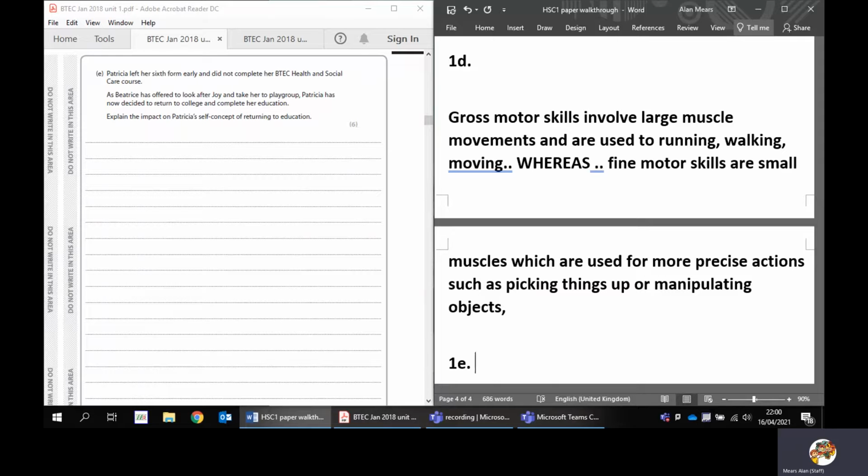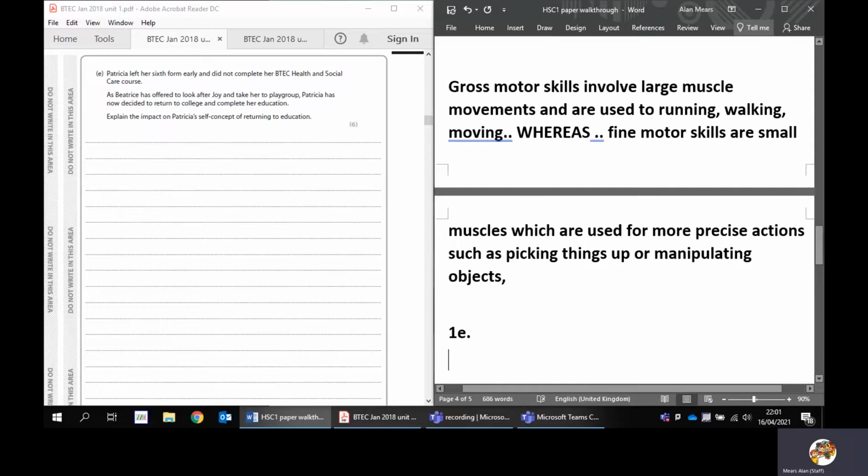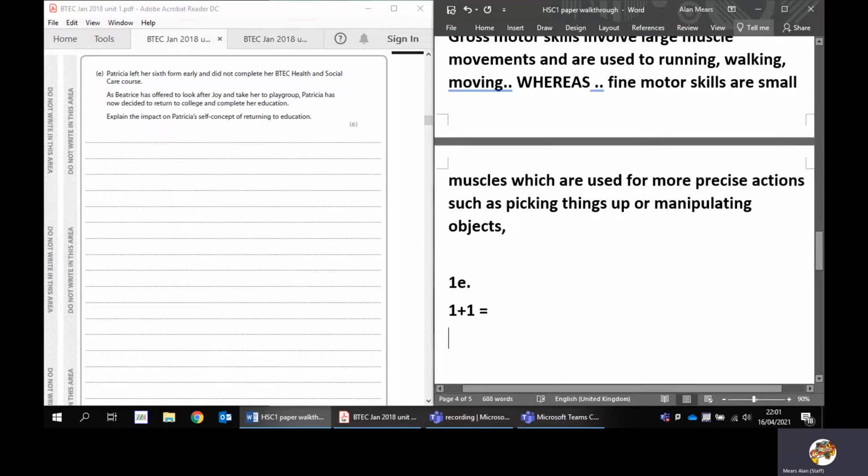Now this again, I will see this as a 1+1 style response. So you could say 3 things with 3 examples or 3 impacts to meet your criteria. So 1+1, we'll do a second 1+1, we'll do a third 1+1.